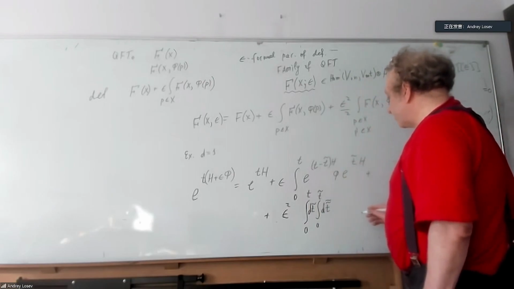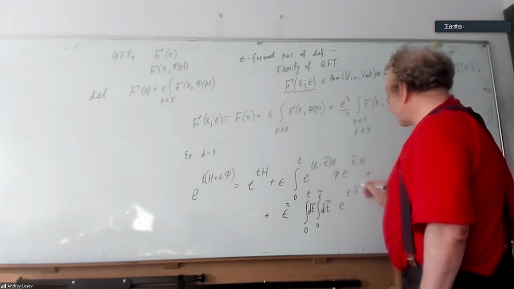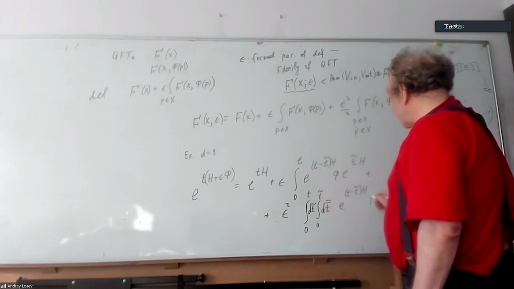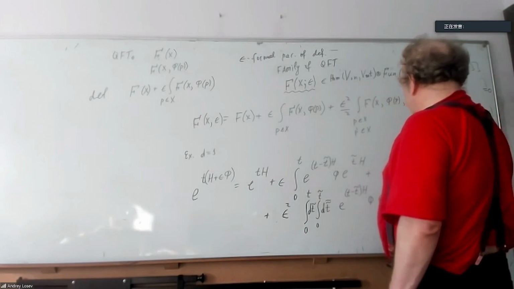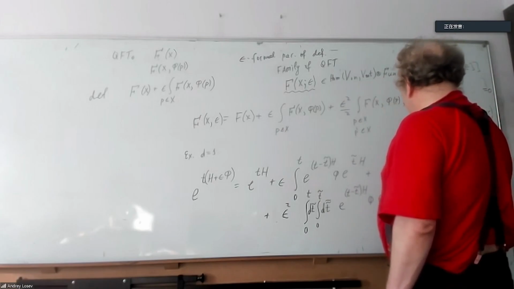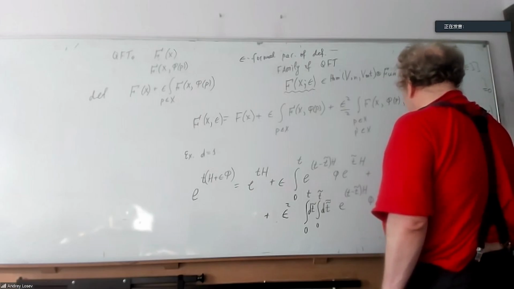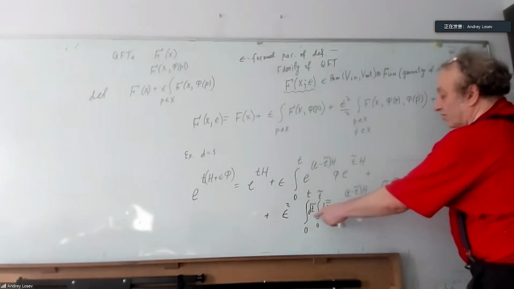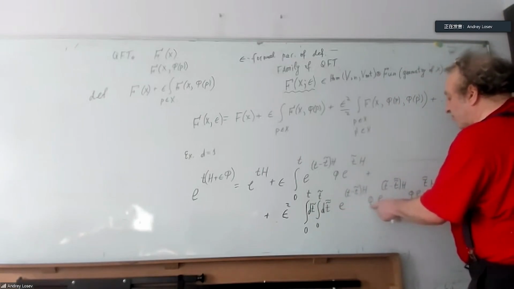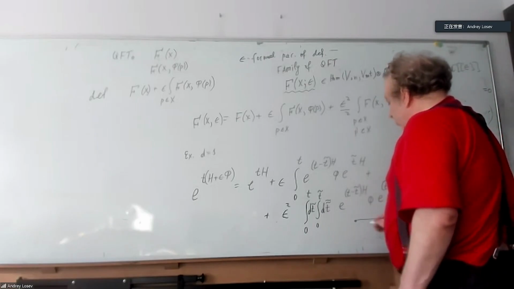Now what am I writing? Here I have a local observable inserted at 2 points on an interval 0 to t.